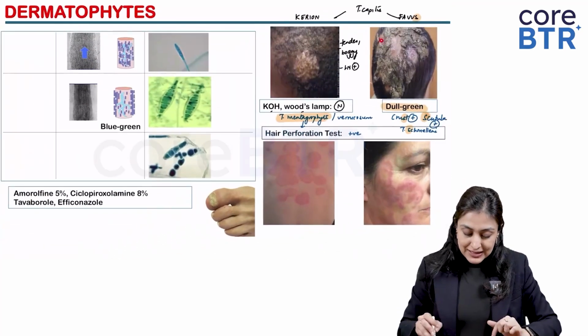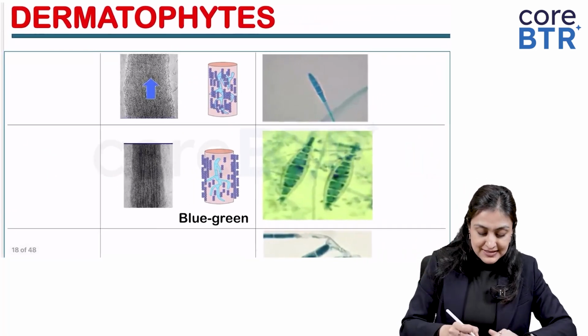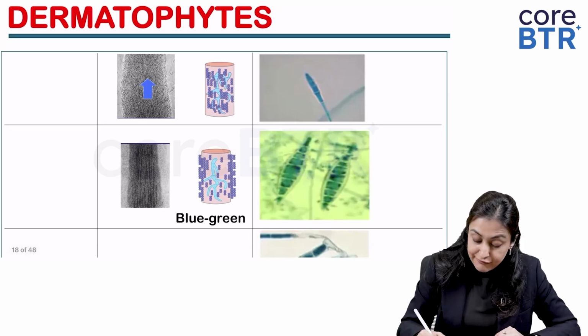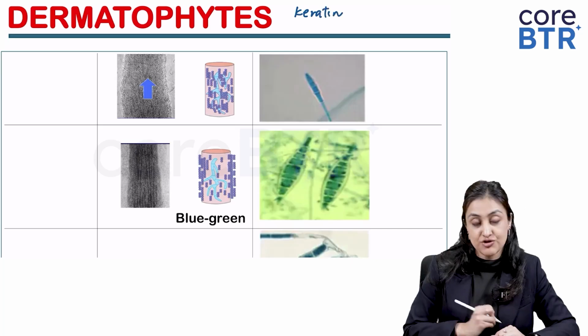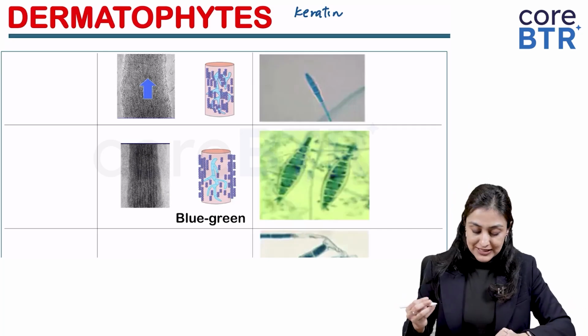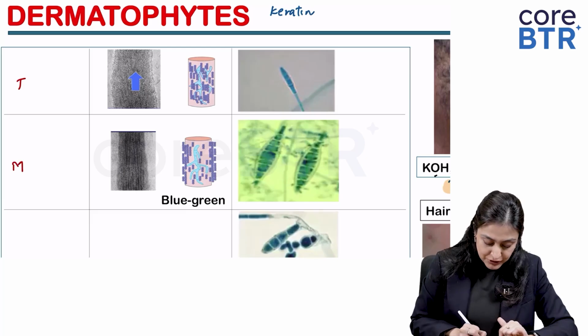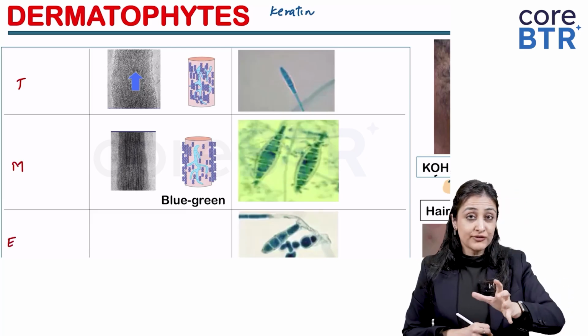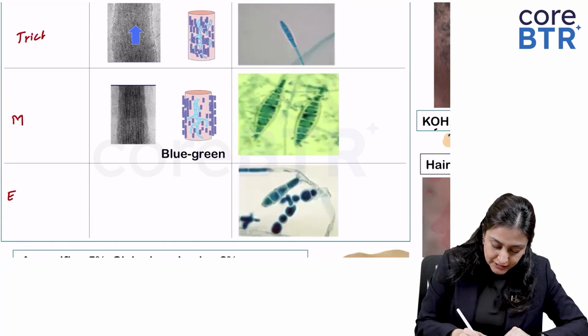On those lines, now let's finish dermatophytes. What are dermatophytes? As the name suggests, these are superficial fungi which affect keratin-containing structures. 3 keratin-containing structures: skin, hair and nail. There are 3 dermatophytes. You can remember telegram, which has 3. The short form of telegram is TME. T is trichophyton.